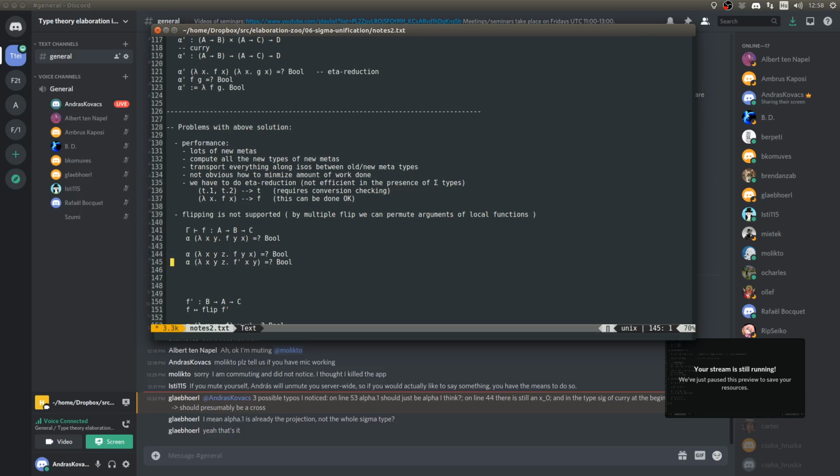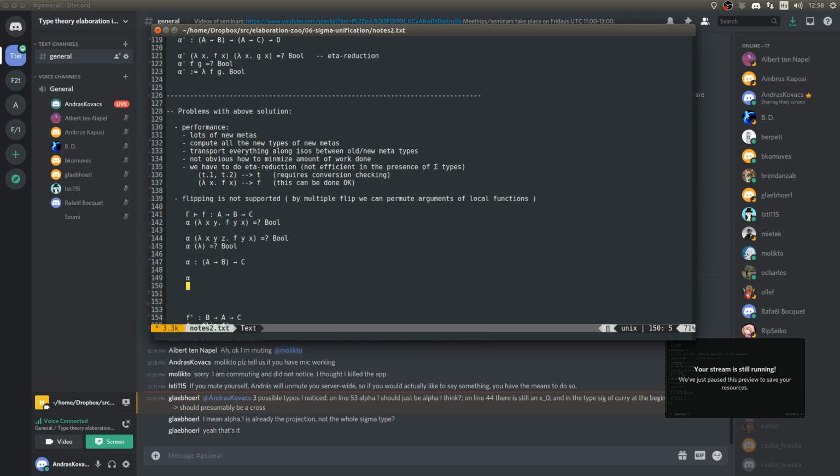But it's easy to see in general that if we have an alpha which takes a function as an argument, and then we have a unification problem which has a constant function here, then this doesn't have a unique solution, so this can have multiple solutions, because we only know the behavior of alpha if we give it a constant function, but not all functions are constant, so we do not know the behavior of alpha on every argument. Okay, yeah. That's a bit confusing.